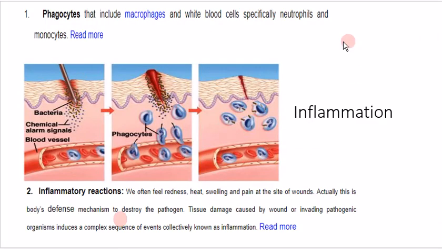Now this is an example of how inflammation happens. Just look at this. When a nail has pricked in and germs enter inside, because of the germs a lot of WBC, phagocytes, neutrophils, eosinophils all get to the site, and they try to kill all those bacteria and subside back to normal.